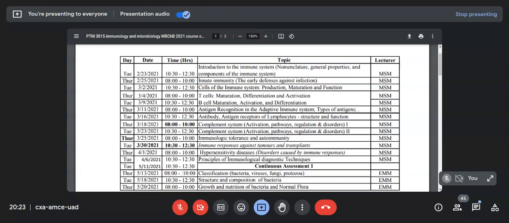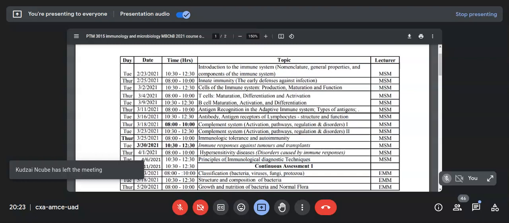By the time I'll be done with today's lecture, not today, but I'm sure next week, we'll say we have done everything with regards to adaptive immunity and innate immunity. Then the next time I will show you the course outline, we'll be doing the complement system. After that, we'll look at hypersensitivity, and the second last thing will be tolerance.